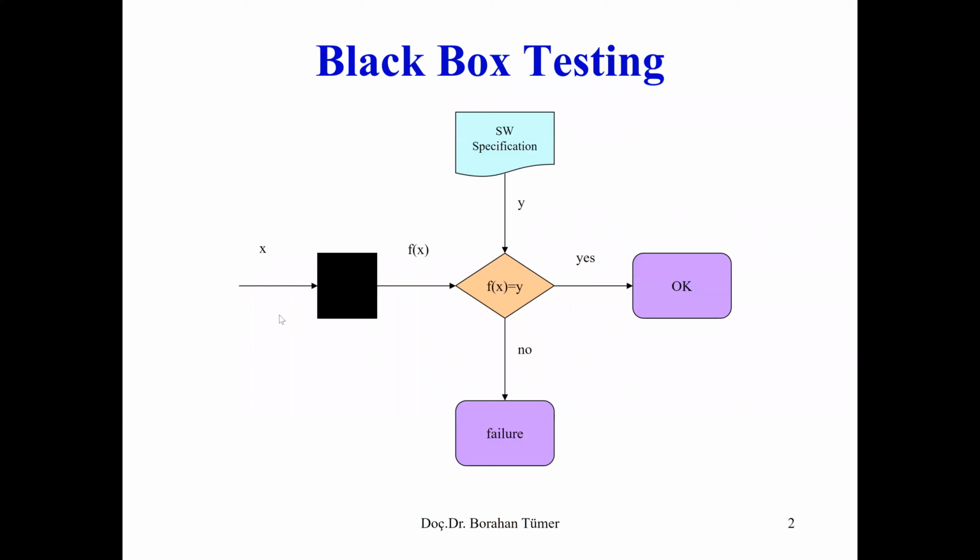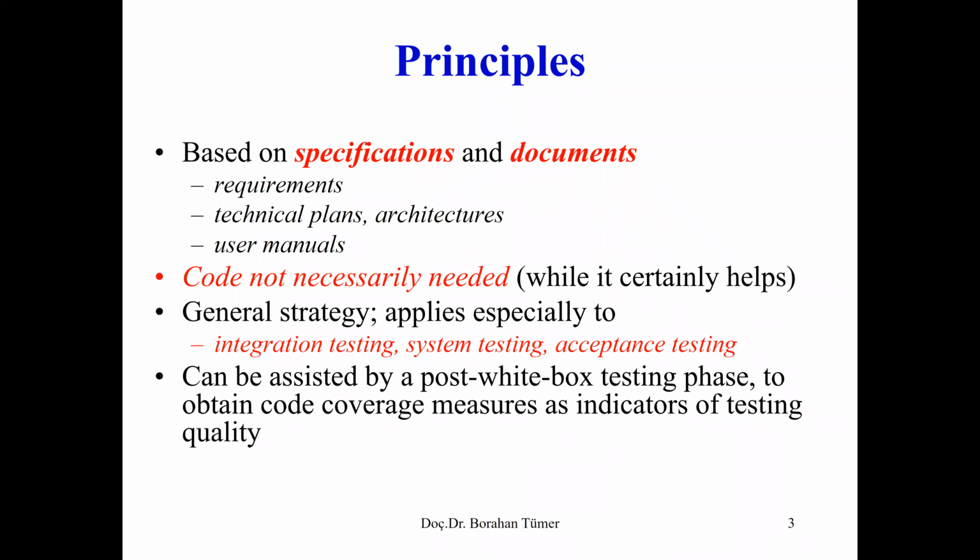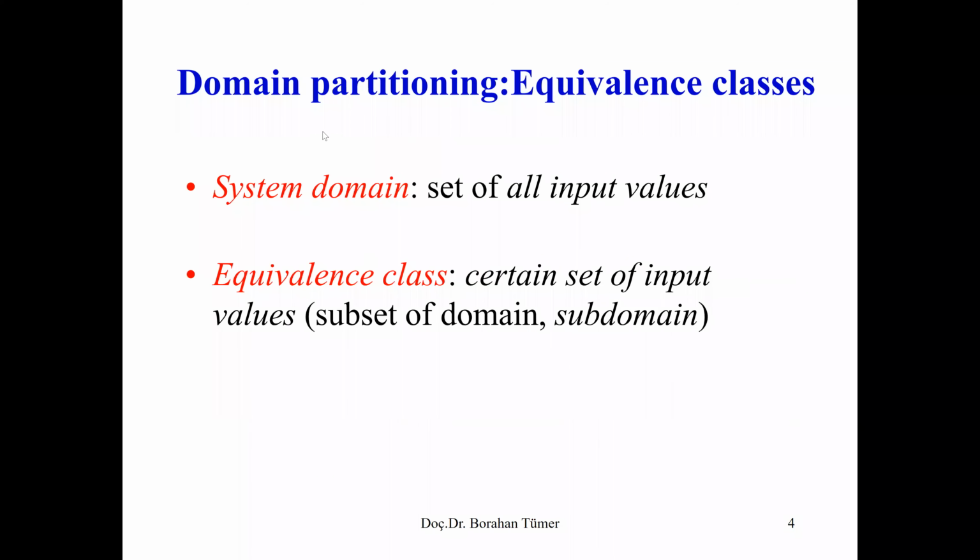Let's call it X. This X represents the set of inputs to be accepted by the software product we're going to test. By domain, we mean this input set of the software product: the set of all input values that may be presented to the software product we're testing. We call that the system domain.